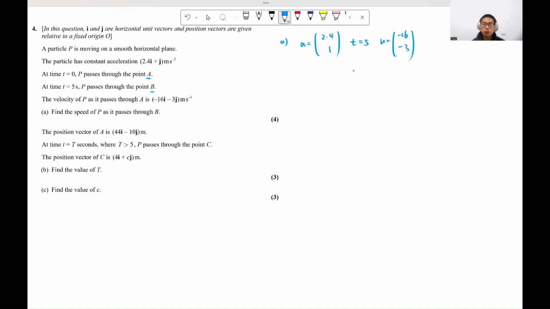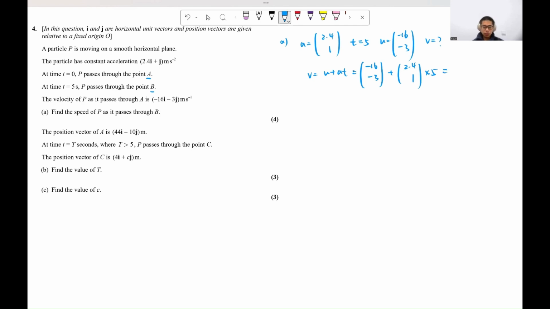What we're looking for, the velocity at point B, is our final velocity. So clearly it's just v equals u plus at. So u is -6, -3, a is 2.4, 1, and t is equal to 5.